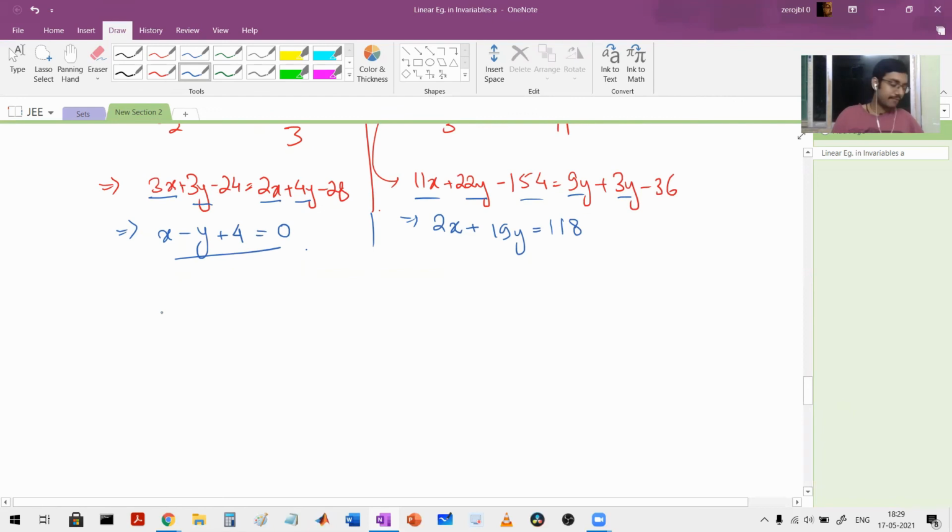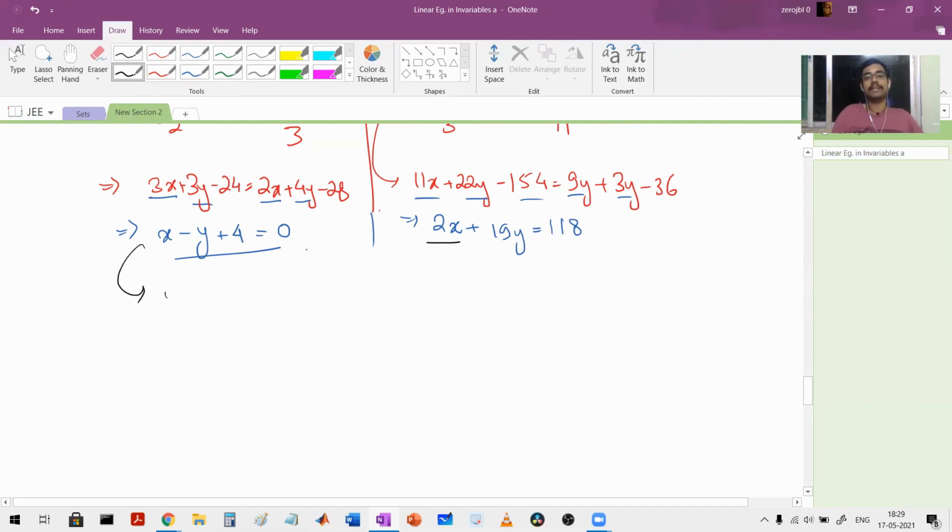Now, this can be easily solved by substitution. But if I opt to solve by elimination, see, where it is not given which method you need to use, you can use any method you want. But where it is given that this is the specific method you have to use, suppose here I give the specific method. So how do you solve? See, you have 2x here. Let's make this 2x.